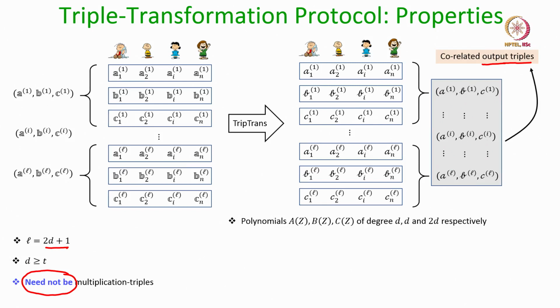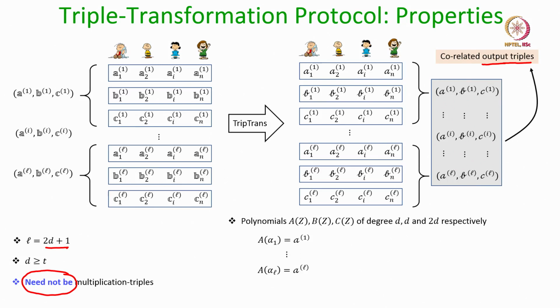So, what is the correlation which we want among the output triplets? The correlation is the following. We want that at the end of the protocol there should exist 3 polynomials, an A polynomial, a B polynomial and a C polynomial of degree d, d and 2d respectively, such that all the following properties hold.